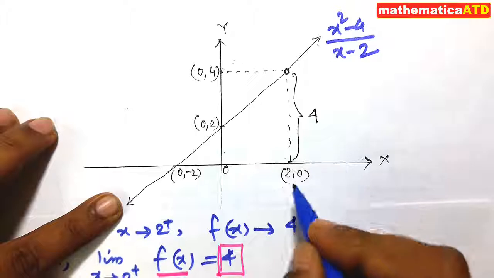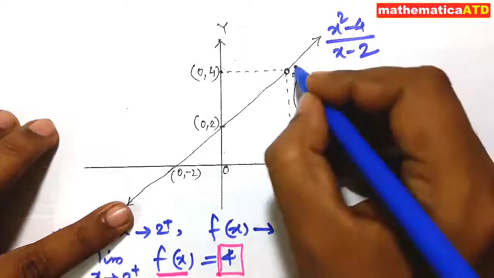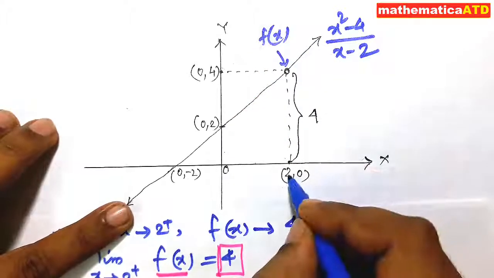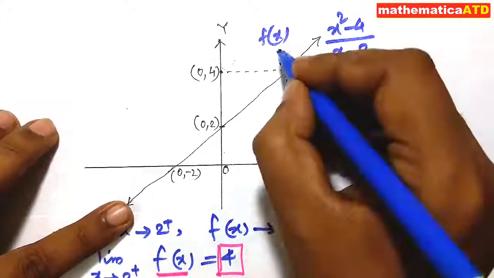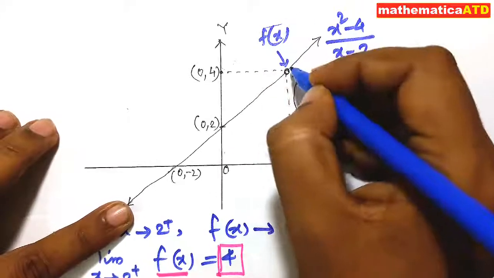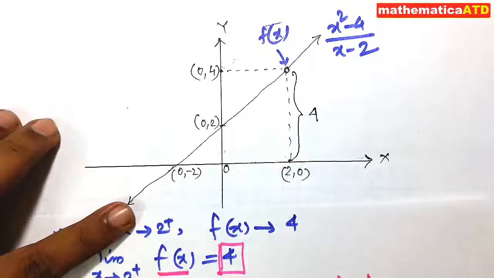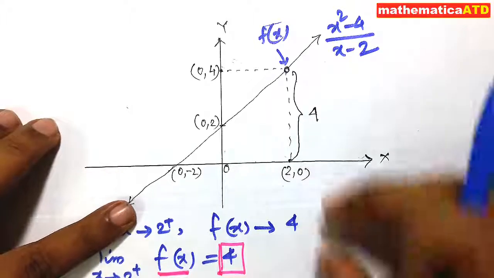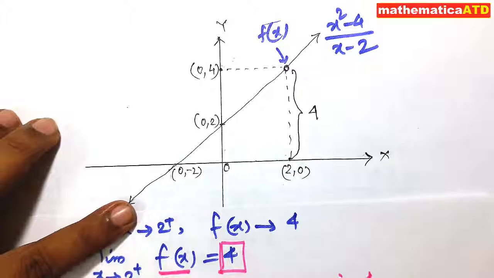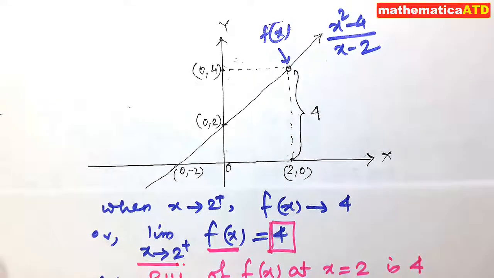On this line you cannot conclude for the point x equals 2 that f(x) exists. That means at the point x equals 2 you cannot get any value of f(x), and f(x) is indeterminate. You can get only the limiting value, and the limiting value here is 4.